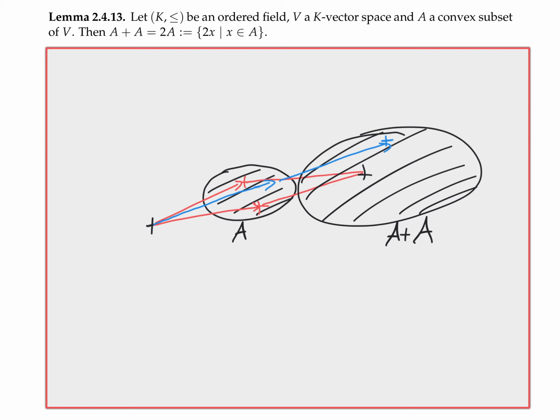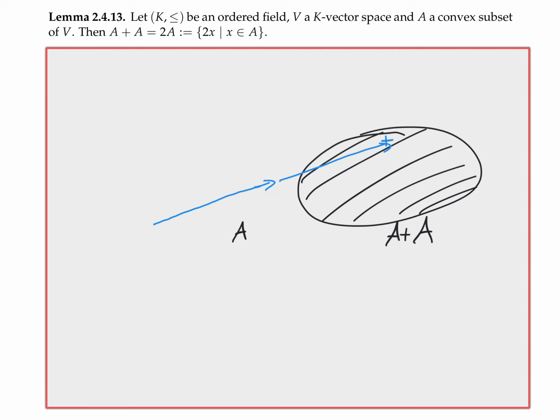And the idea is very easy because you can just take here the midpoint between these two, and is that right? Yeah, and I think that will do the job. My drawing is not very good then.